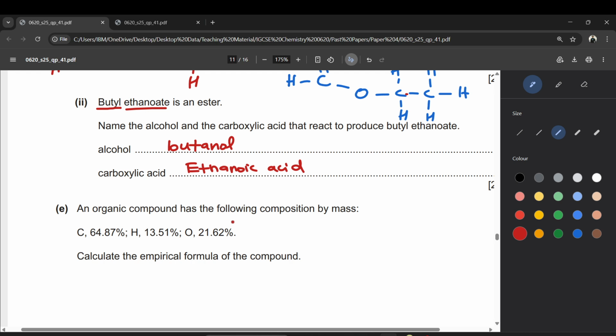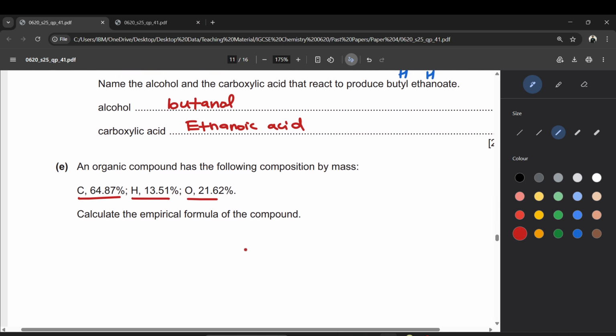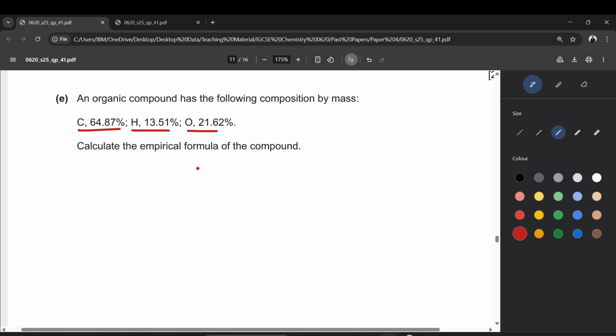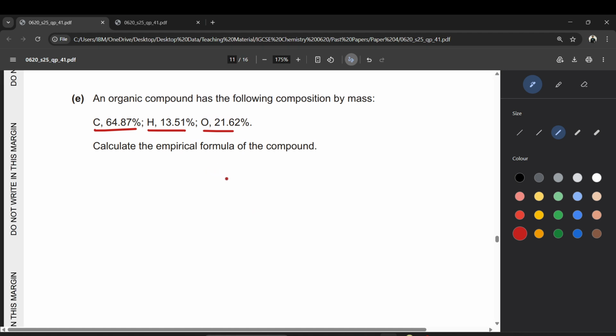Okay. An organic compound has the following composition by mass: carbon, hydrogen, and oxygen. Calculate the empirical formula of the compound. Now, to work out the empirical formula, we can draw a table.